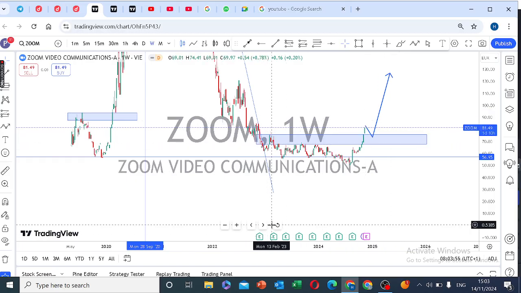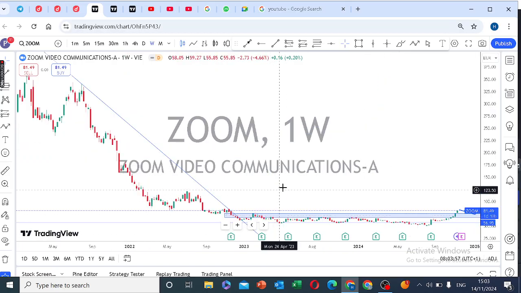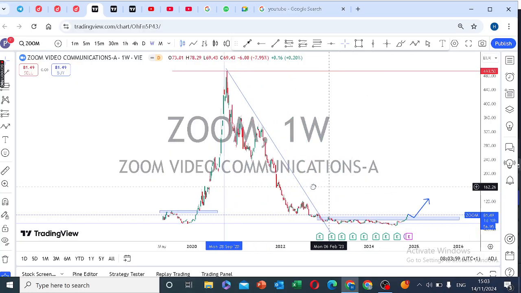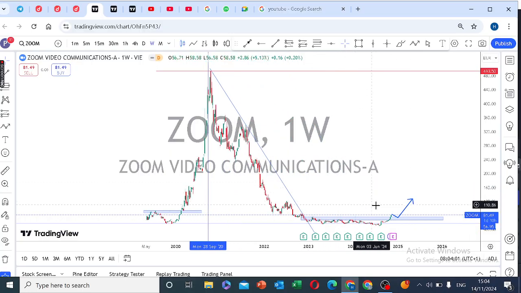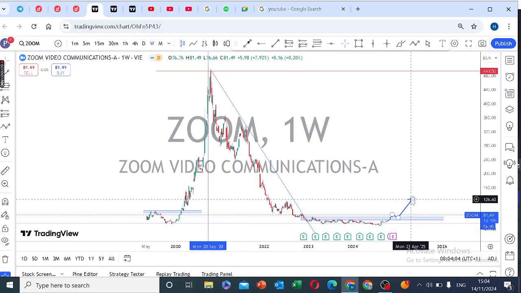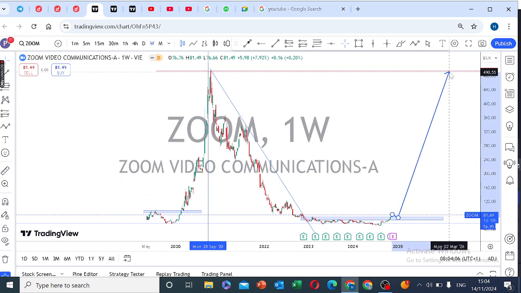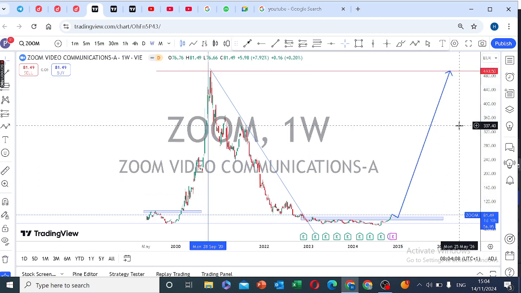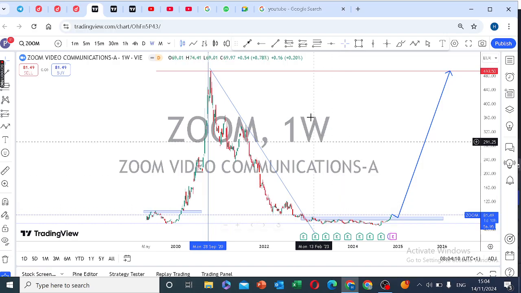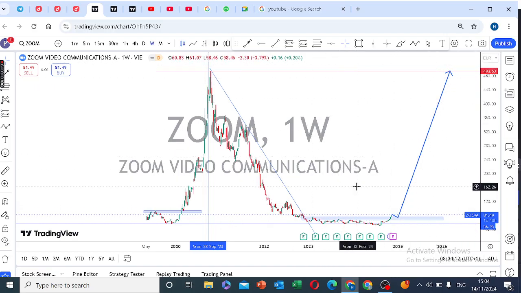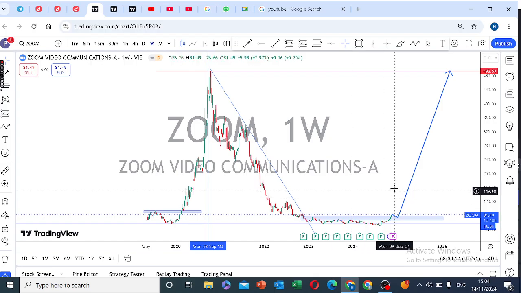That is one thing that possibly could happen on the Zoom stock. We should clearly understand that Zoom stock is rallying to this particular price, and I see no reason why it won't get back to this price, because this Zoom stock has a lot of strength.